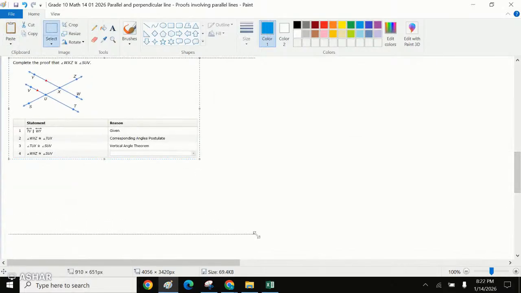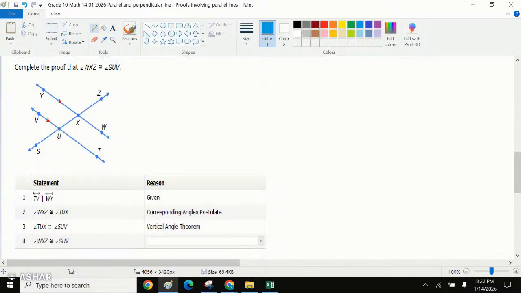And question number 7 states that this is the given information. Complete the proof that these two angles are same. Which two angles? WXZ, this angle, and SUV. These two angles are same, right?